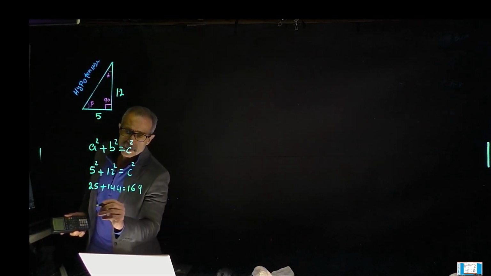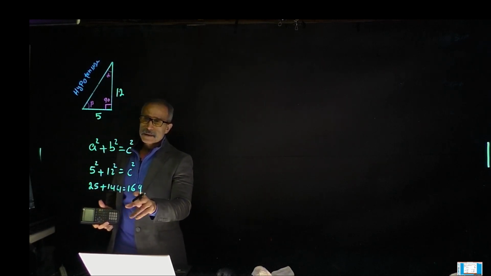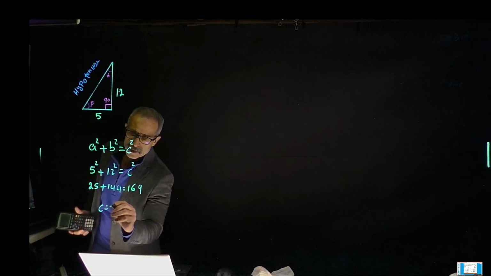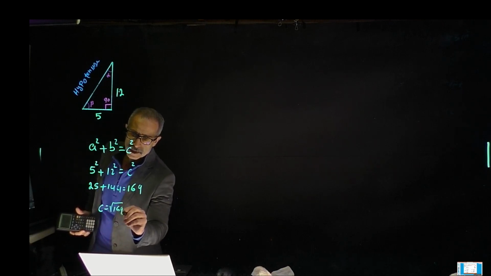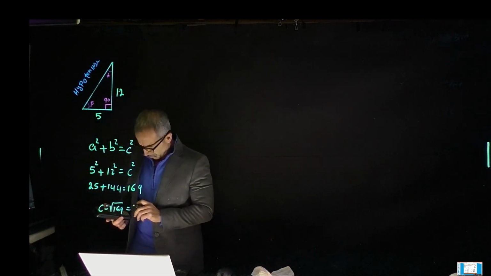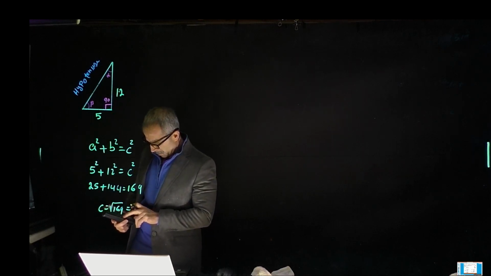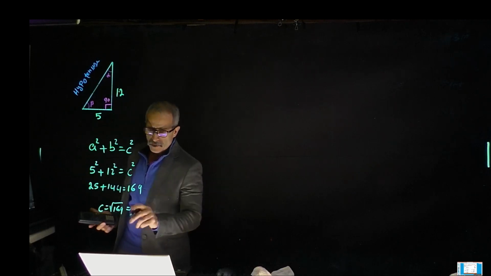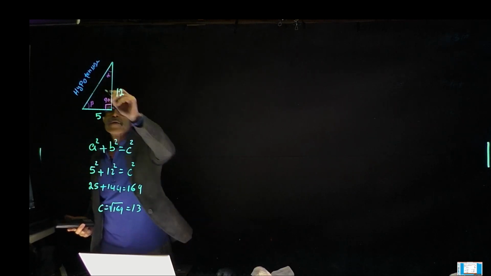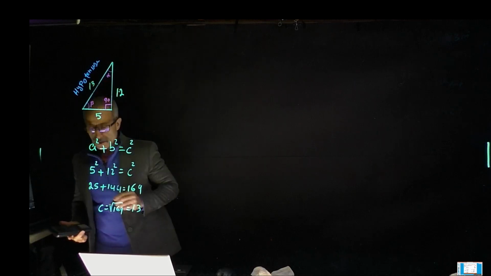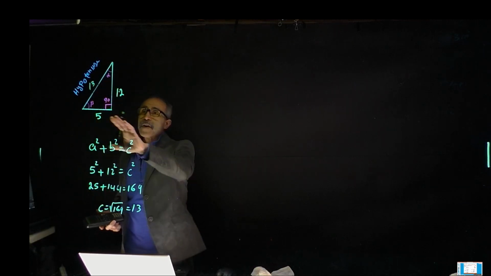So c is equal to the square root of 169, which comes out to 13. Now we have found all the dimensions.